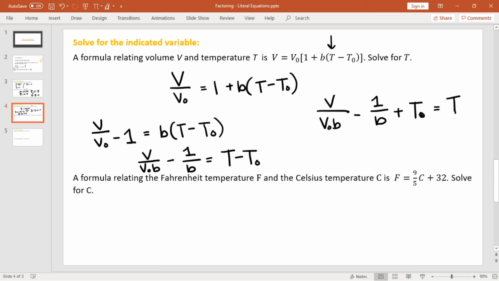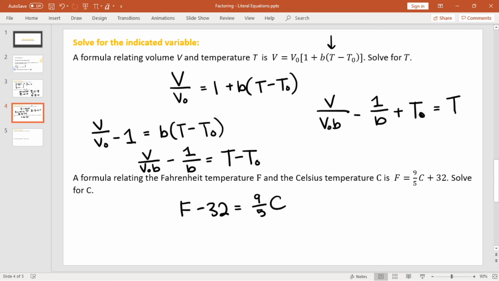And our Fahrenheit conversion formula. All right, so we want to get the Celsius out of there. So we start by moving the 32 over. Remember, working opposite your order of operations. Fahrenheit minus 32 equals 9 over 5 Celsius. You can do this in steps.